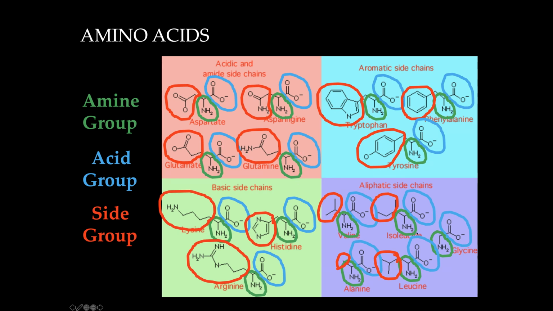They all have it. So it's a combination of amine and acid. And what differentiates one kind of amino acid from another is the side chain. The structure of the side chain determines what kind of amino acid you have. If you go on to take biochemistry in college, you'll learn about all of these amino acids.